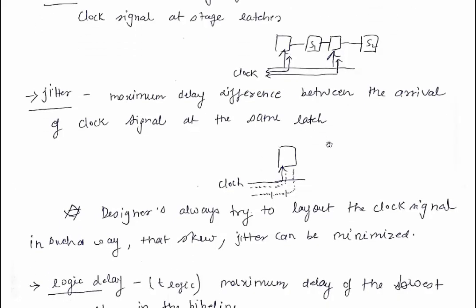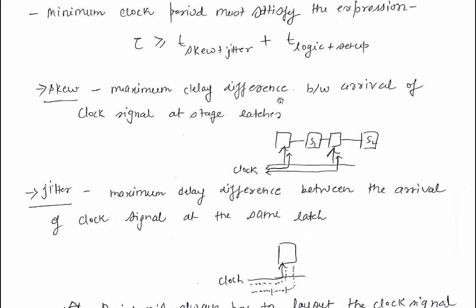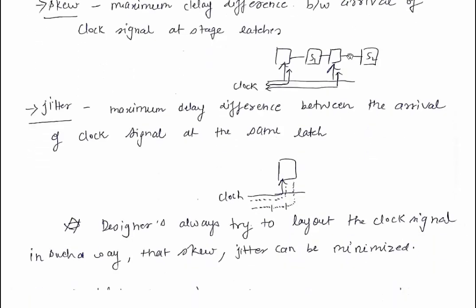Now when a designer designs the clock, he designs it in such a way that these delays, that is skew and jitter, must be minimized. Now that is over, we have seen what skew is and what jitter is. Now we will see what logic delay and setup time are.